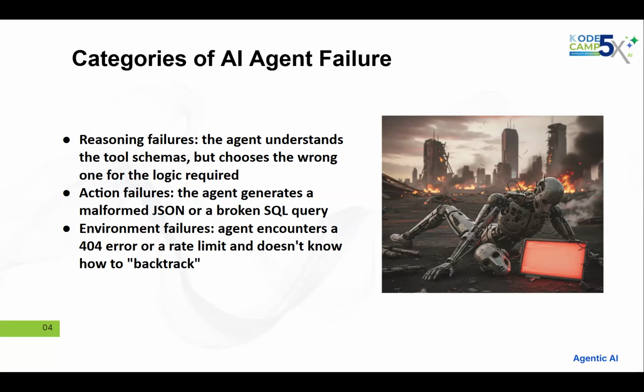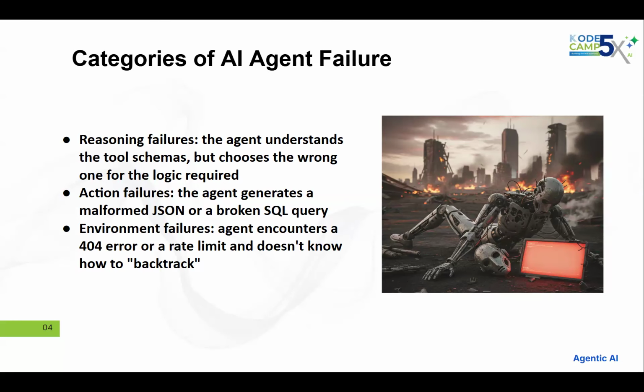So maybe it fails to include a value for the required argument, or it provides a value that doesn't meet the type for that specific argument, and that's an action failure; the tool call will not succeed. Or it provides malformed JSON or a broken SQL query. When it tries to execute such, the action will fail.